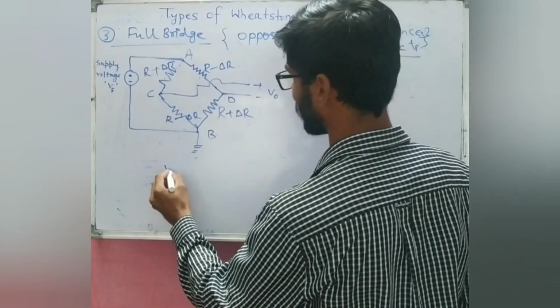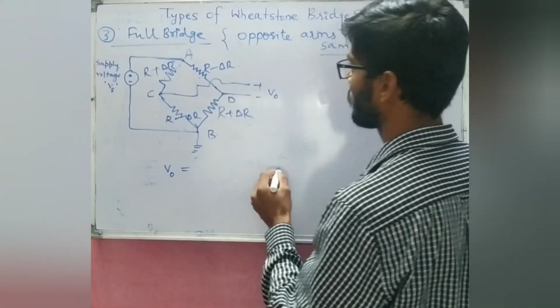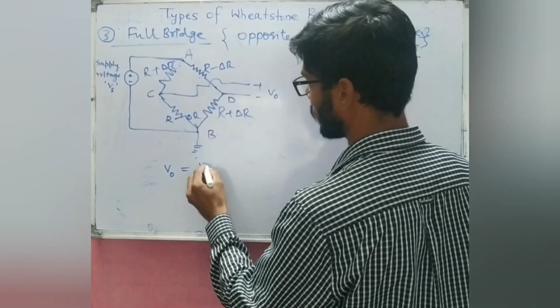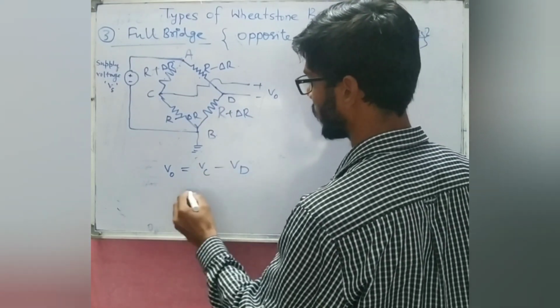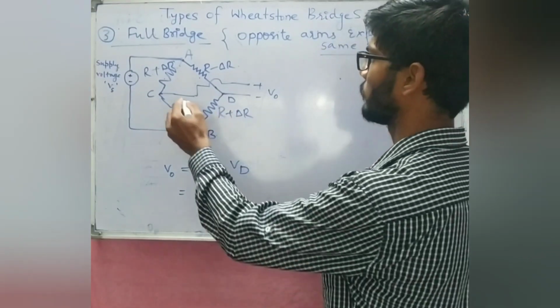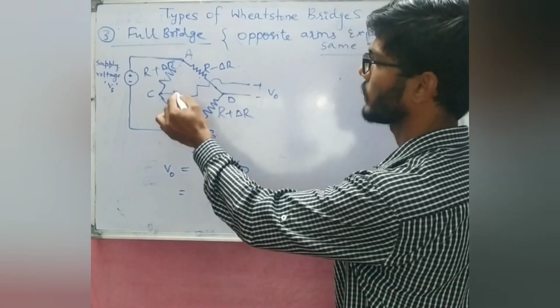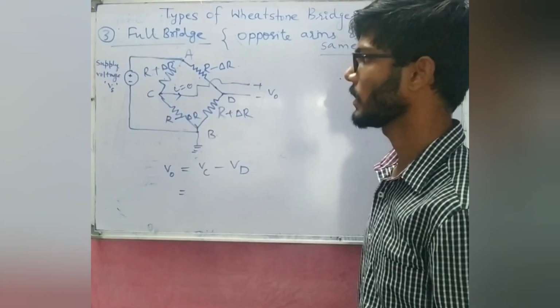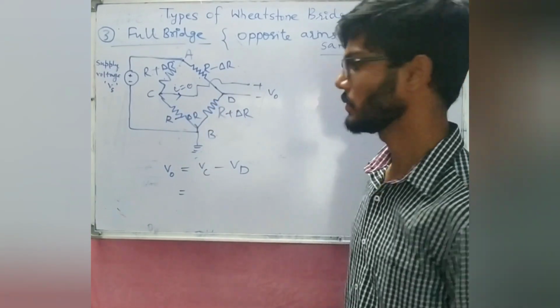So now we have to derive V0 equal to Vc minus Vd, the voltage at point C minus the voltage at point D. Again the same thing, the voltmeter resistance has to be infinite so that it does not draw any current. So we can simply apply the voltage division here.